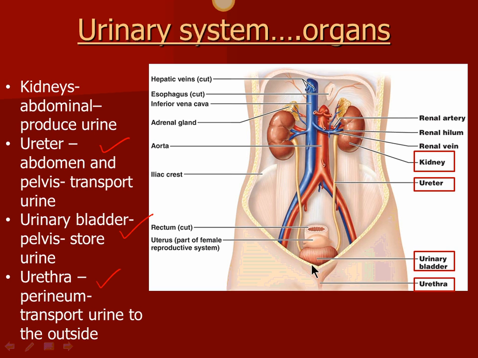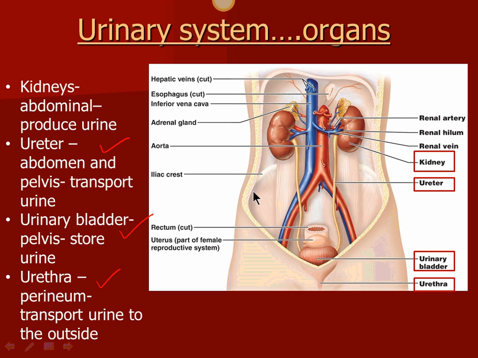Then we have this urinary bladder, which is seen in the pelvic cavity just behind the pubic symphysis. So it's the anterior most of these 3 structures which are found in the pelvis. In the females, you have the uterus. So we have the bladder in front, the uterus in the middle, and the rectum behind. In the males, it's only the bladder and the rectum. It's good to see this relationship because soon we'll be doing the reproductive system.